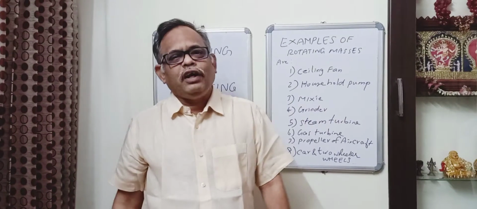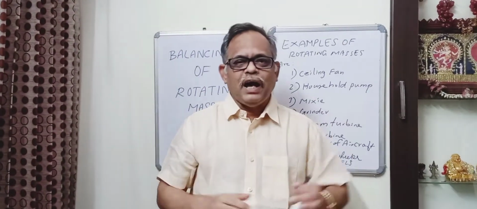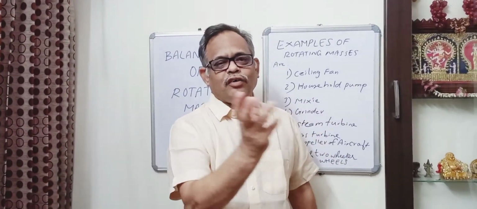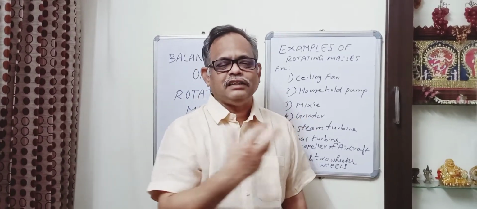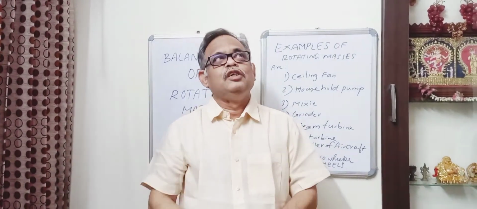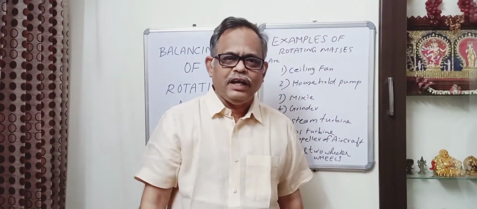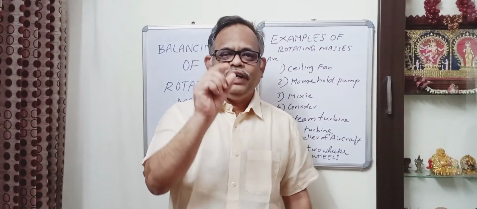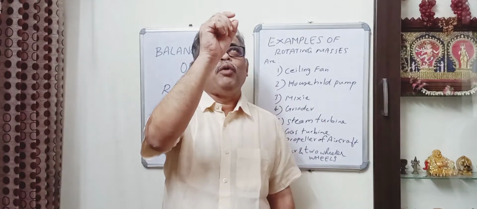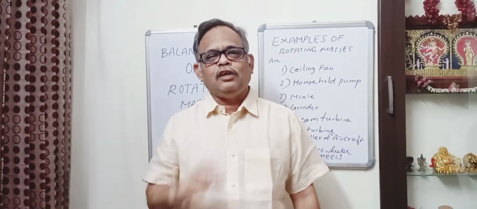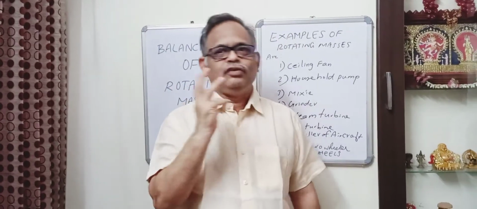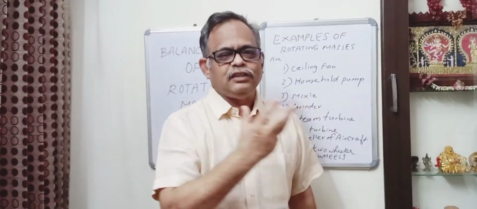So what happened? There is now an imbalance, right? That's why the fan is going on swaying as it is revolving. Instead of breaking the blade, let us assume we tie a bolt or nut at the end of only one wing. Then also the fan sways as it rotates.